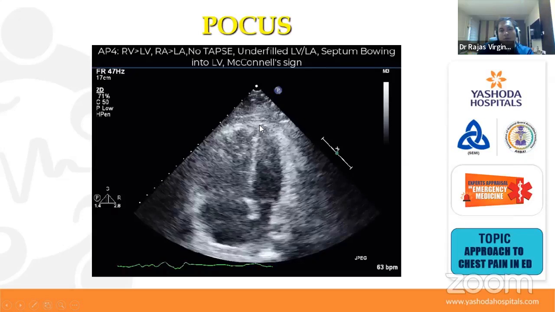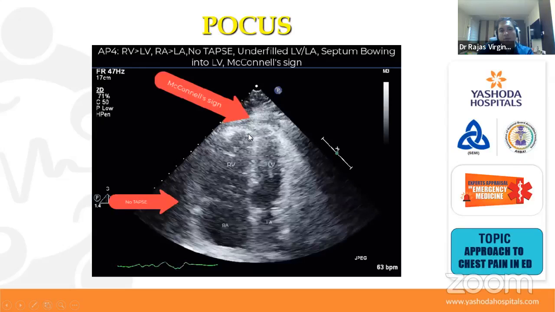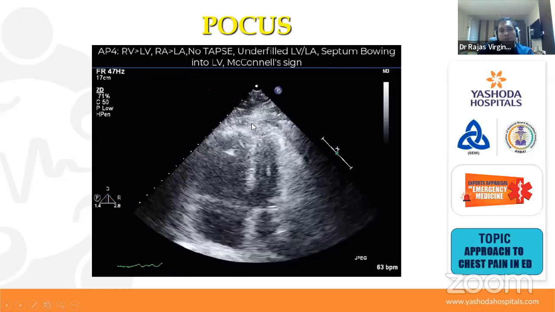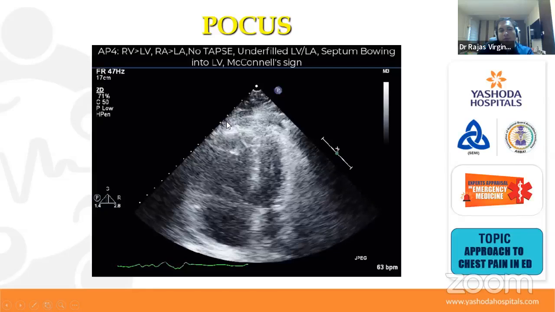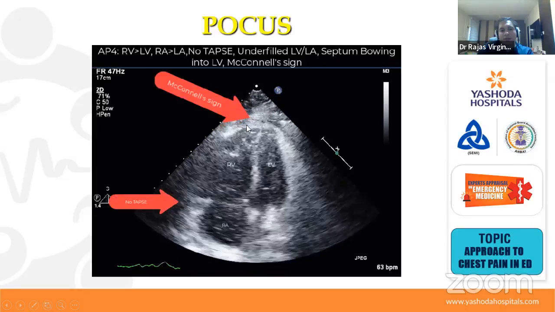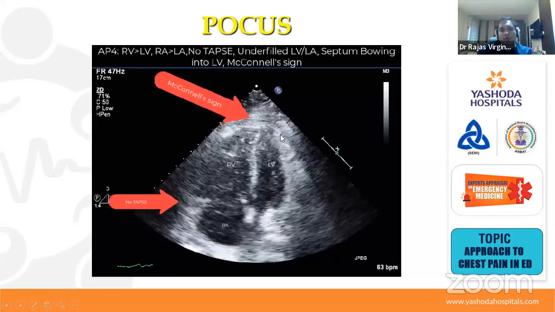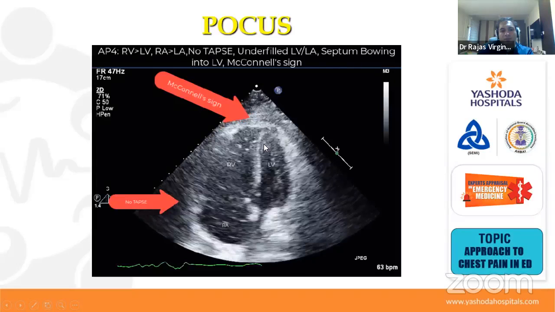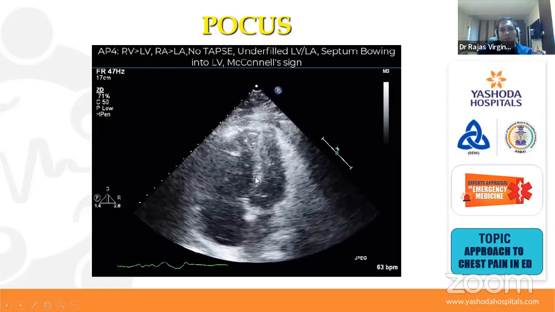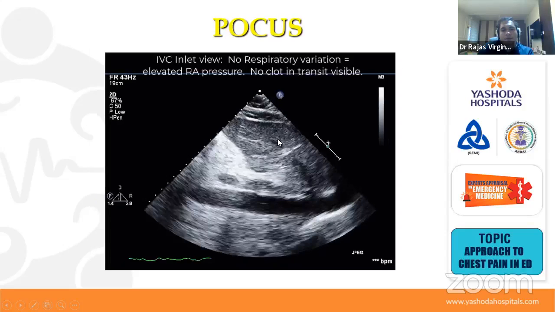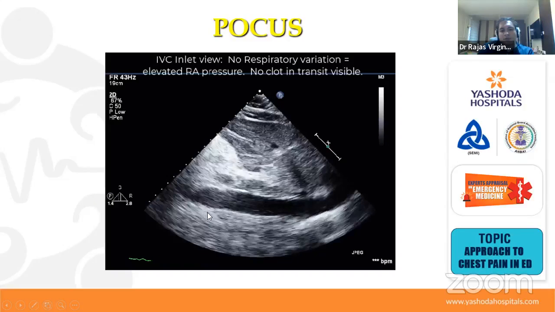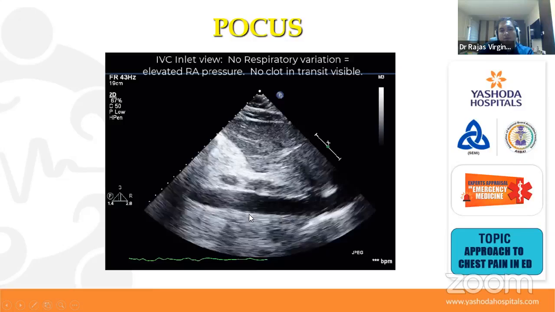So again, here you can see this is McConnell's sign, where the lateral wall of the right ventricle is pretty much akinetic, and the apex of the right ventricle is hyperdynamic. Here you can see the inferior vena cava.